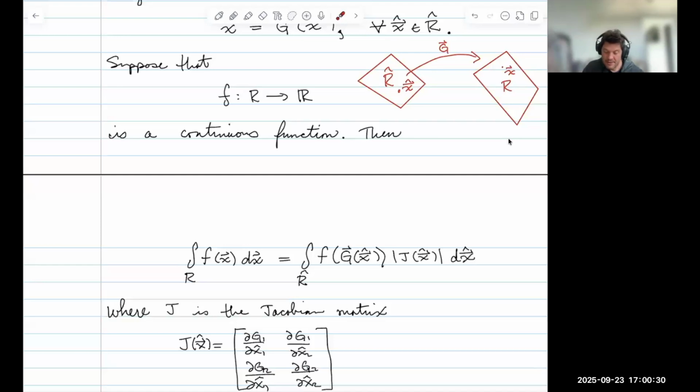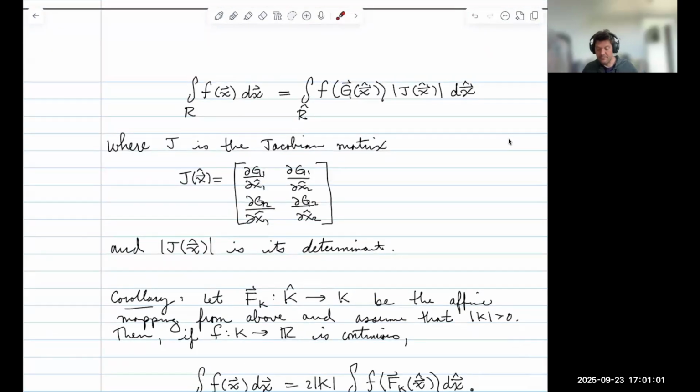So, for example, the way we should think about this region R hat is it's just a simple square and much easier to integrate over. So what I really want to do is I have this integral, and I want to know the value of that. I'm going to transform it, or move it, to an integration over R hat, which is a lot simpler. And the penalty for doing that is that I've got to do a composition of functions and I've got to carry around this Jacobian.